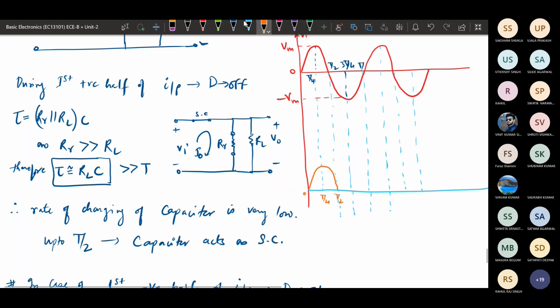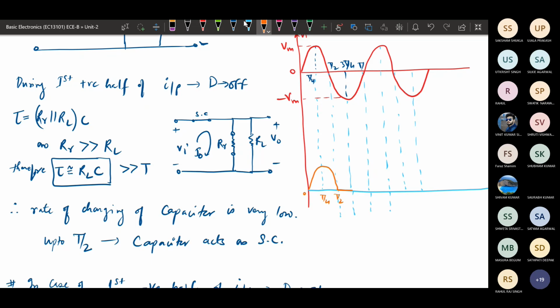When the diode is on, the output voltage will be 0, because if the diode is on, the voltage across the load resistance will be the same as the voltage across the diode. So it is on, the output voltage will be 0, because the diode is short circuited. So for T by 2 to 3T by 4, we will be getting a 0 output.